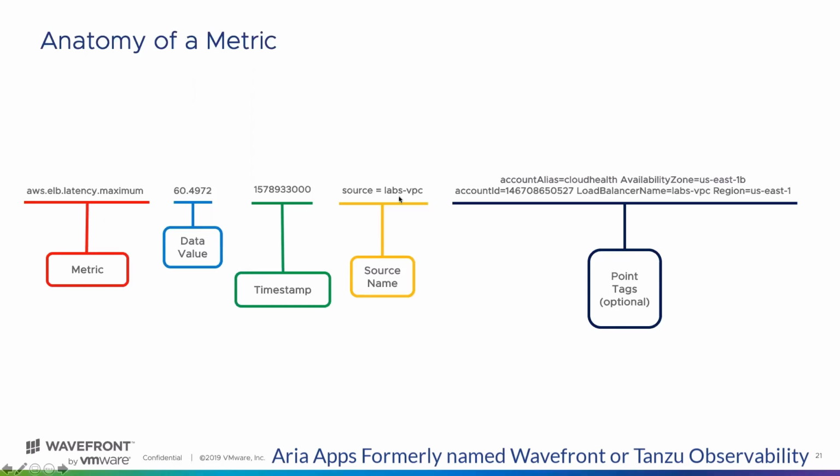I'll point out, this is interchangeable with host in Wavefront. So we tend to call this source, but you can also call it host. They're synonyms of each other in Wavefront. You can just use either. So even if you ingested the data with source equals, you can query it back later, filtering for this thing by host equals and vice versa.